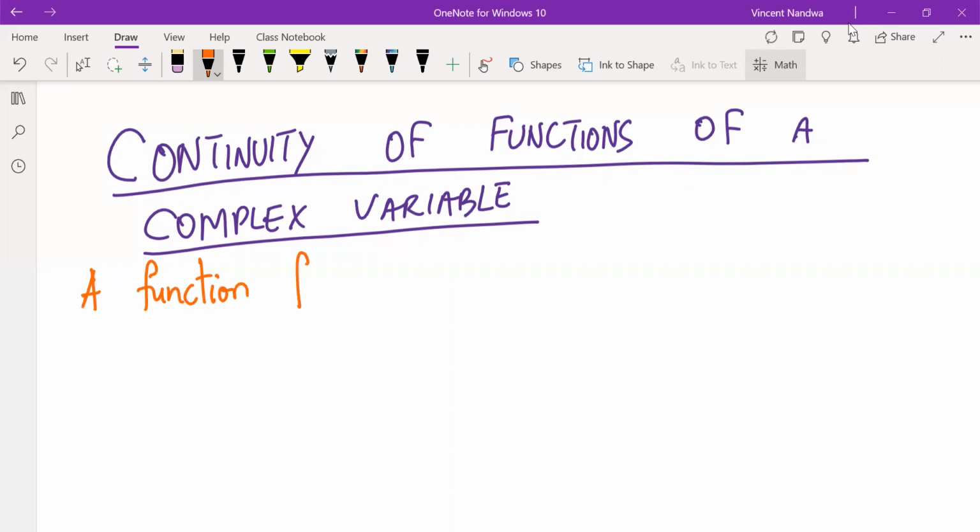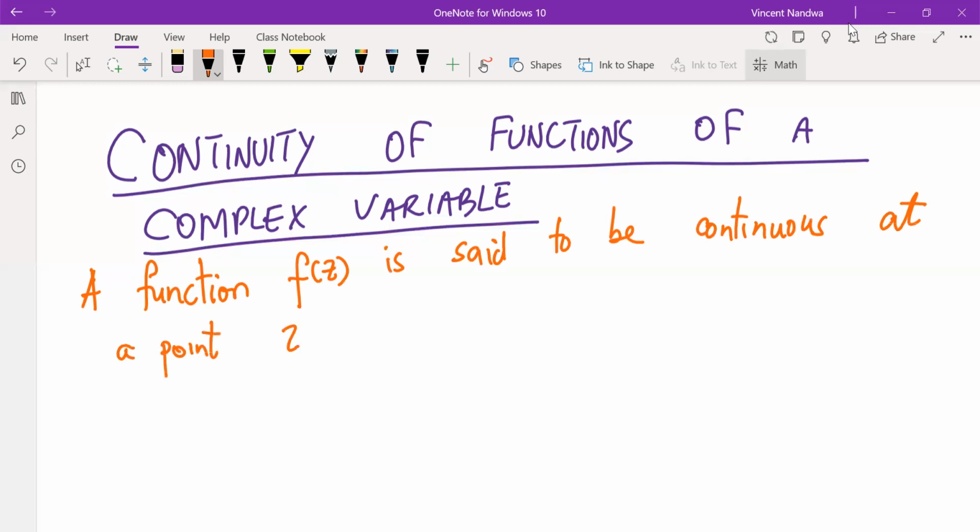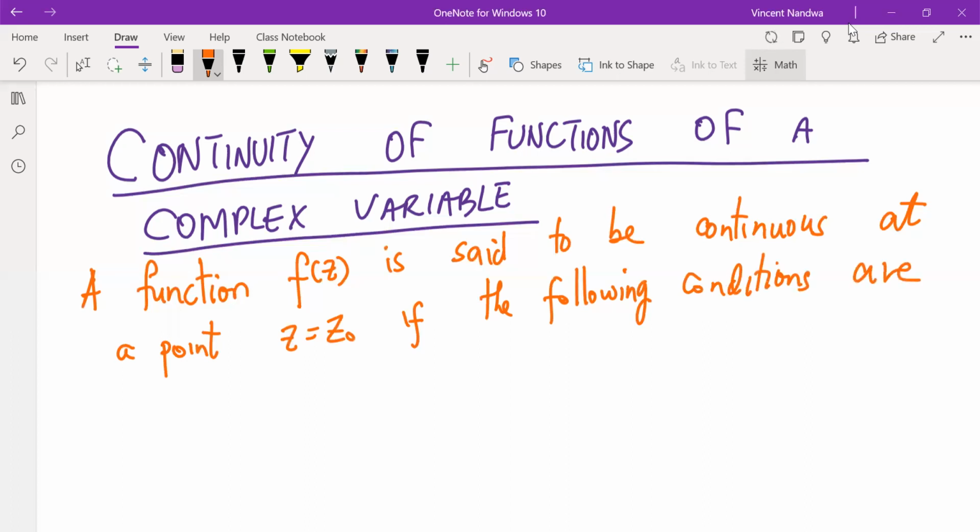A function f of z is said to be continuous at a point z equals z naught if the following conditions are satisfied.